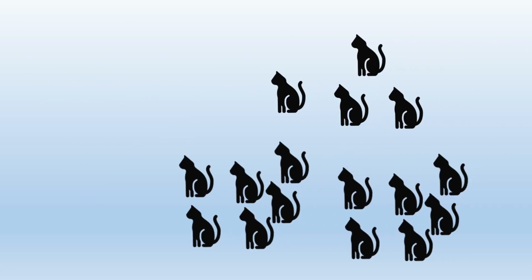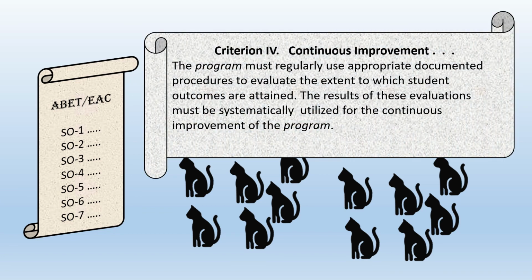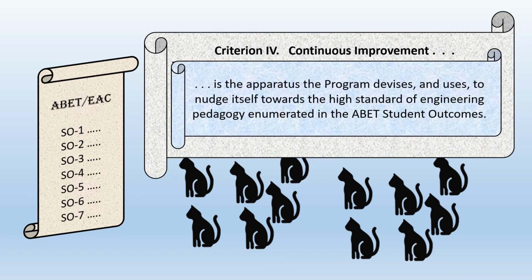So in conclusion, faculty are, of course, the heart of an engineering program and its curriculum. But the specific text of the ABET student outcomes 1 through 7 set a quite high standard for engineering pedagogy. Continuous improvement, on the other hand, is the apparatus the program devises and uses to nudge itself towards the high standard of engineering pedagogy enumerated in the ABET student outcomes.